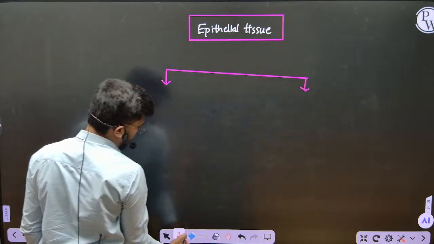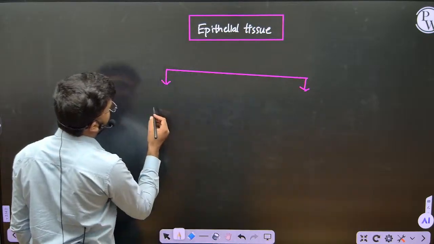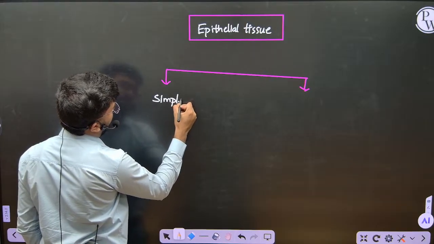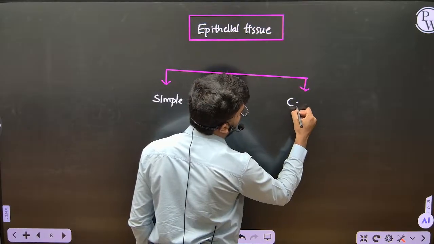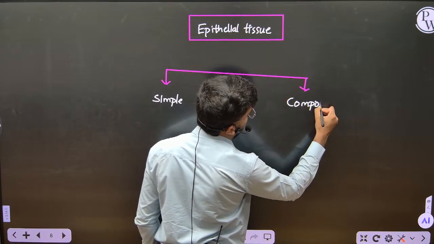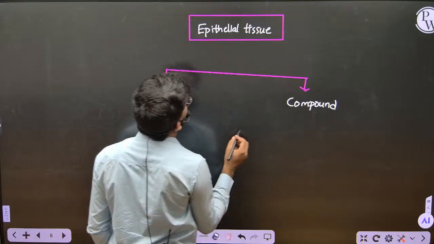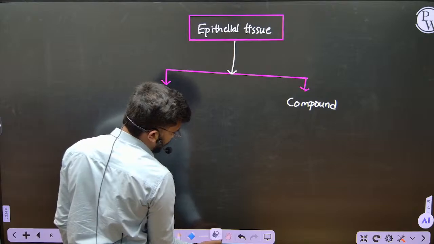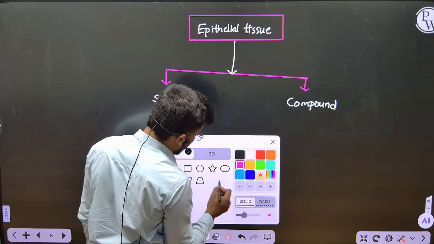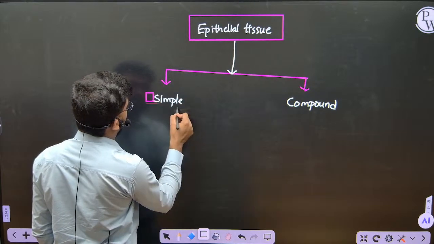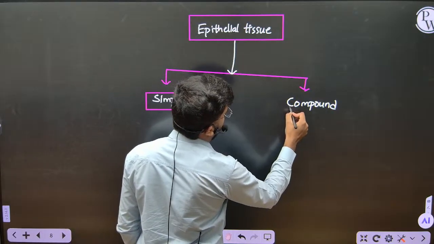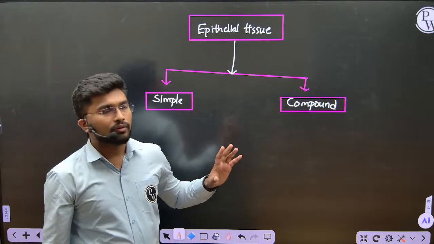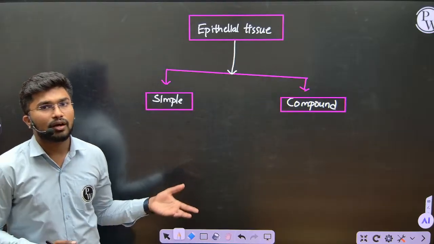First one is simple epithelium. Second one is compound epithelium. Conclusion: epithelial tissue has two types, one is simple, another one is compound epithelium. Okay, fine. So, how to identify which is simple epithelium and which is compound epithelium?